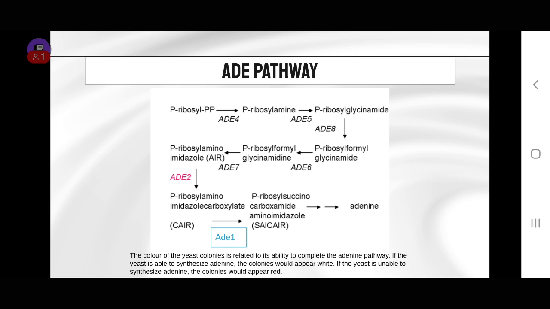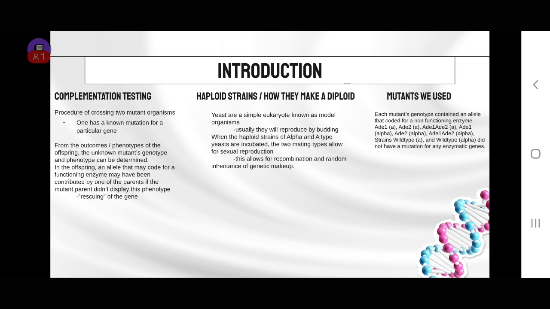In mutant strains, we have mutated genes, which will be recessive. These will present themselves as non-functioning enzymes in this pathway. The two that we're going to be looking at are the ADE2 and ADE1 enzyme. So our mutant strains are both alpha type and A type. We need both of the mating types of the yeast to do this sexual reproduction.